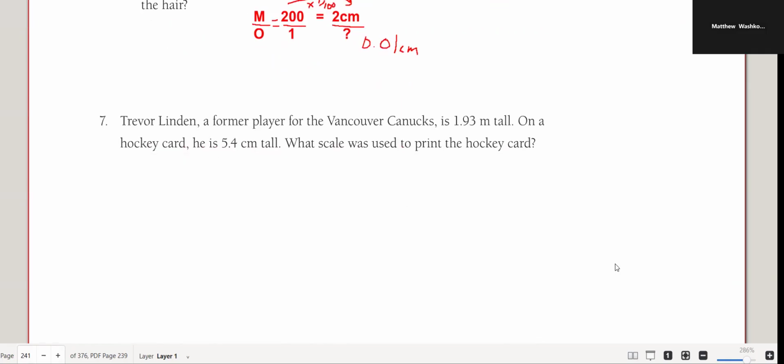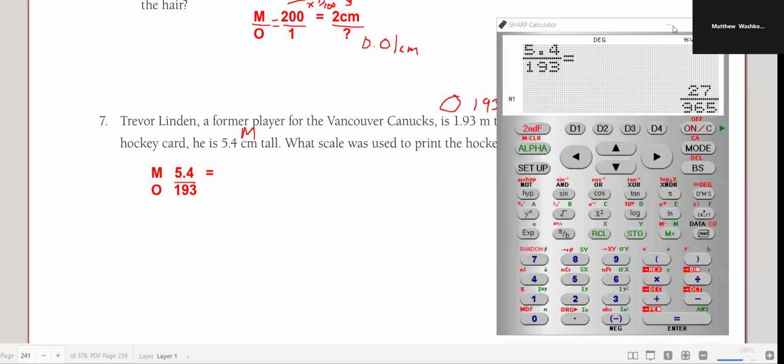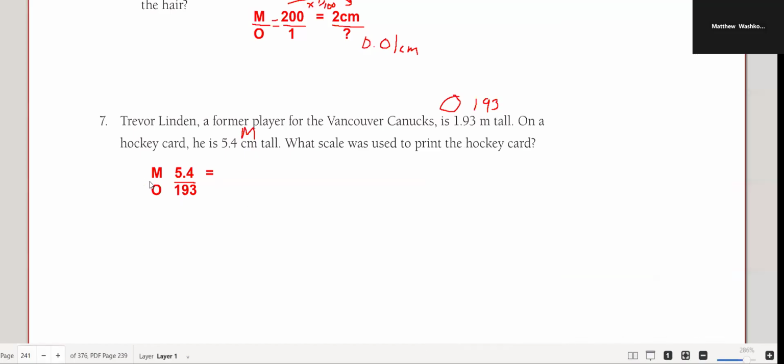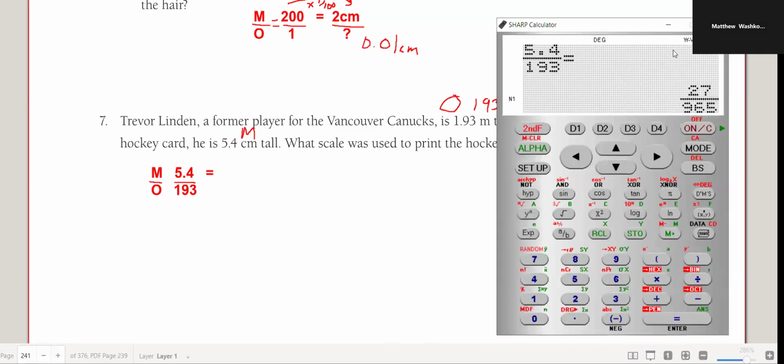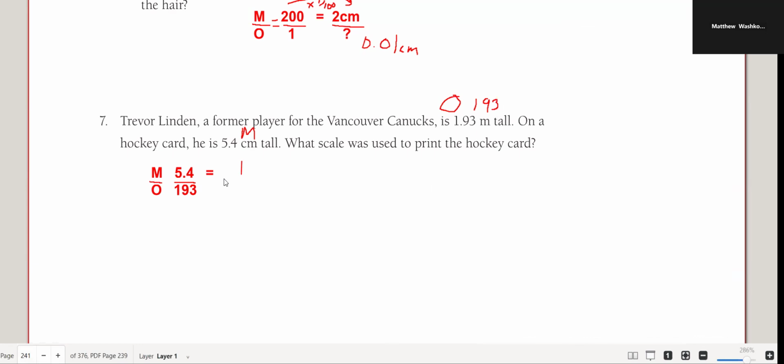Now for question 7, same thing, 3, 2, 1. So you should get something like this here, right? Model to original, 5.4 to 193. Now, technically, you could use your calculator and you get this thing here. I want us to go a little bit deeper here, though. I don't want some weird decimal in there. I want to know, for every 1 centimeter on the hockey card, it's this many centimeters in real life.